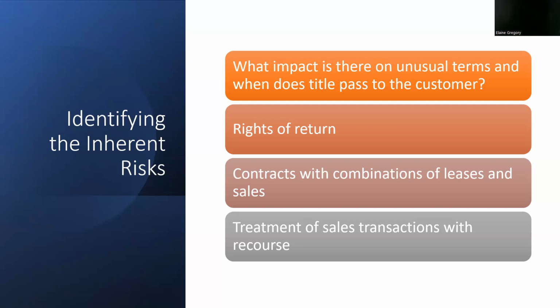So you may have contracts with combinations that you'll have to bifurcate out and need to be clearly noted which part is what, and where revenue is recognized. And finally, we want to take a look at, are there treatments of sales transactions with recourse?